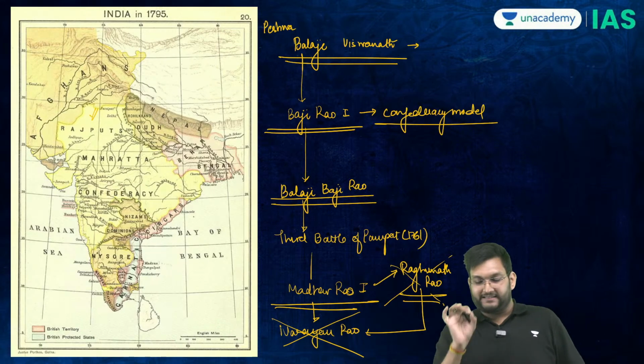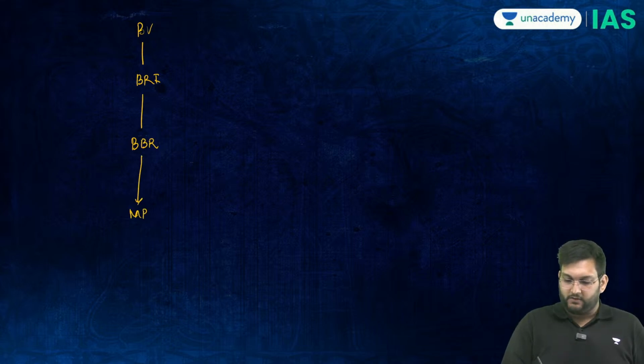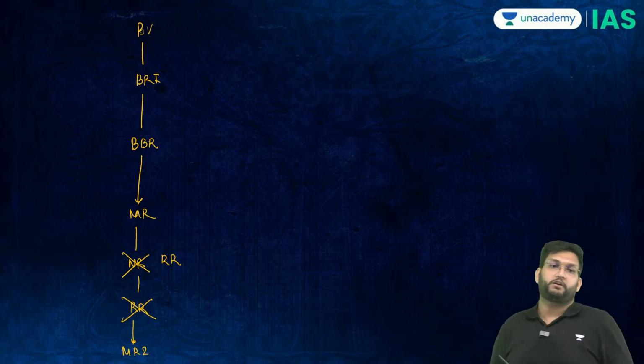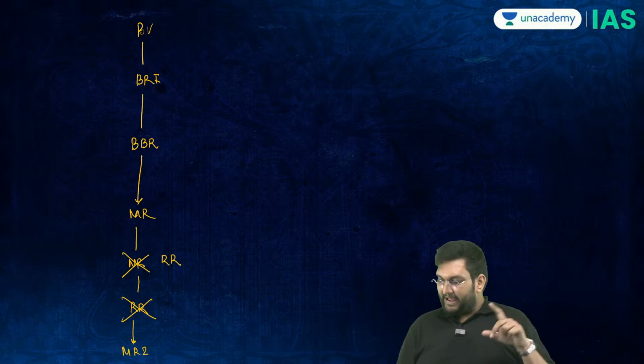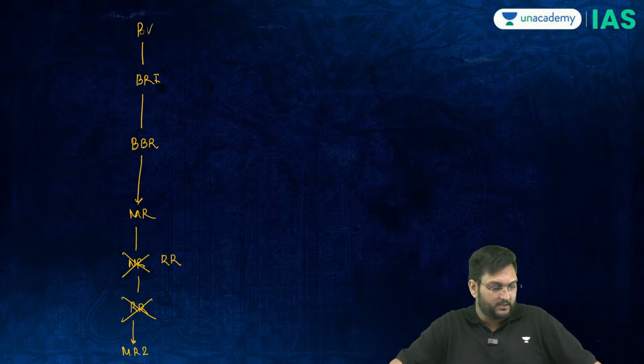Just to give you a basic recap: Balaji Vishwanath, Baji Rao the first, Balaji Baji Rao, Madhav Rao, Narayan Rao, killed by Raghunath Rao, Raghunath Rao removed by the Bharbhai conspiracy, and Madhav Rao II comes into context. This is the backstory which you need to know to understand Maratha politics and the Anglo-Maratha wars.